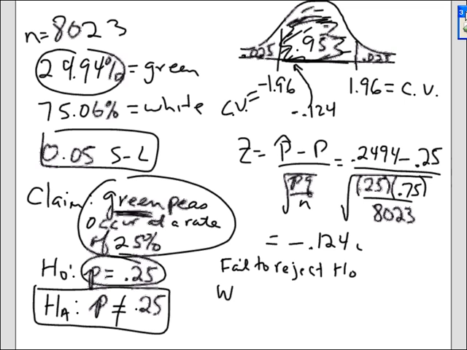So basically, we reject the claim that p is not equal to 0.25.